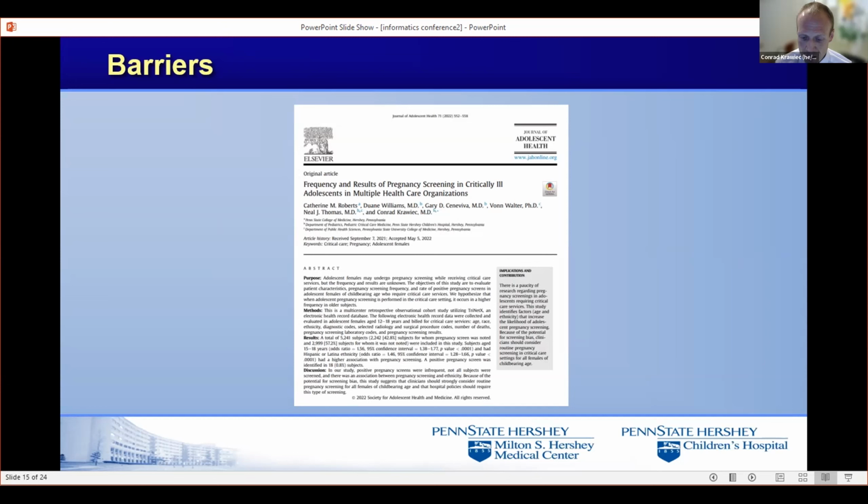While I talk about my colleagues and medical students who are a huge help in finding literature, ensuring justification of these studies, and having the shared vision of highlighting disparities of healthcare, like this slide shows, where we evaluated critically ill children to see how often they had pregnancy screens during their critical care admission, we found that not all subjects received a pregnancy screen, and certain groups, like the Hispanic and Latino population, seem to have a higher association with pregnancy screening compared to other groups.